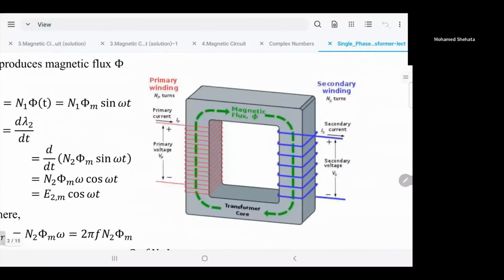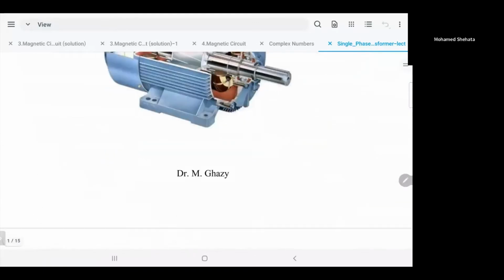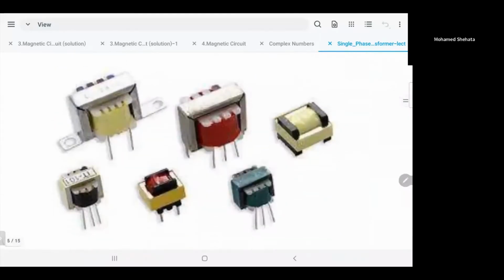That's a transformer that I'm going to explain now. Let's get two sides here. Let me show you.